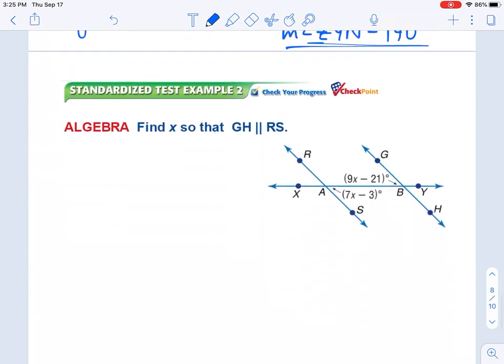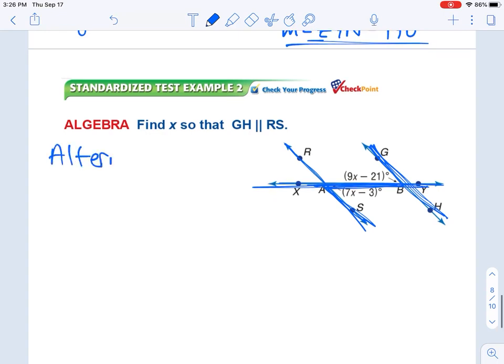All right, and lastly, we have to find x so that GH and RS are parallel. So we have this angle and we have this angle. That means they are alternate interiors. So we'll use the alternate interior angles converse.